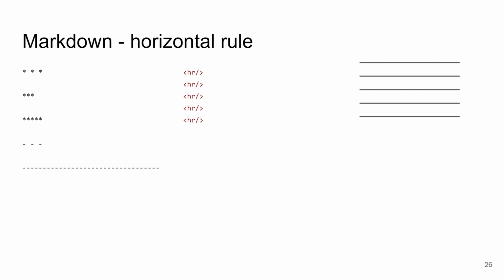If you want to separate your document into sections by horizontal rules, you can do that in Markdown with 3 or more asterisks or 3 or more dashes, or asterisks with spaces among them. So all these options get translated to the horizontal rule element in HTML and get rendered as a horizontal line.